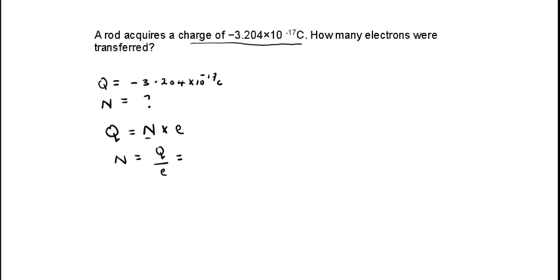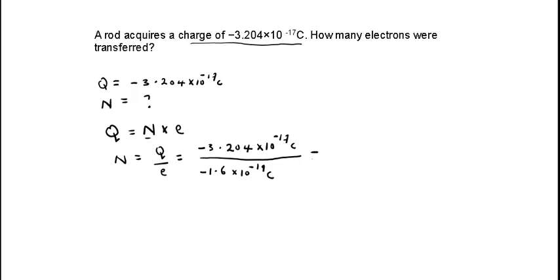Then let's plug in our values. Q is negative 3.204 multiplied by 10 raised to the power negative 17 coulombs, divided by the charge of one electron, which is given as negative 1.6 times 10 raised to the power negative 19 coulombs. The charge of one electron is a constant.